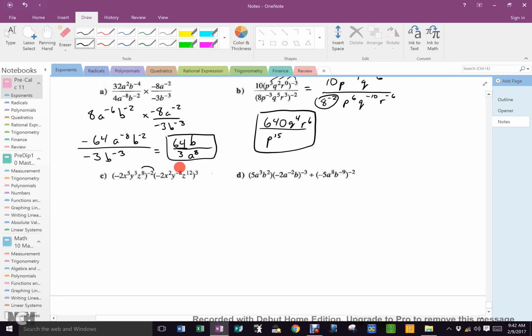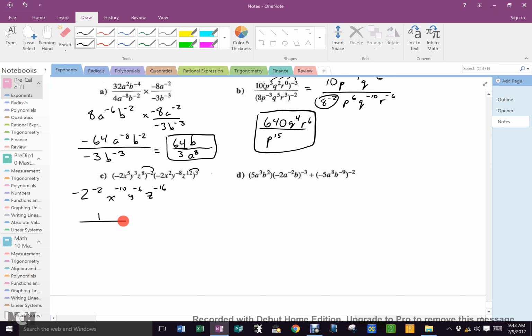Here, you got to deal with this, then this. So this is going to be negative 2 to the negative 2, x to the negative 10, y to the negative 6, z to the negative 16. So I would deal with all this now.